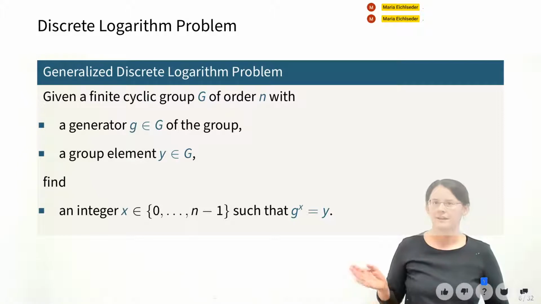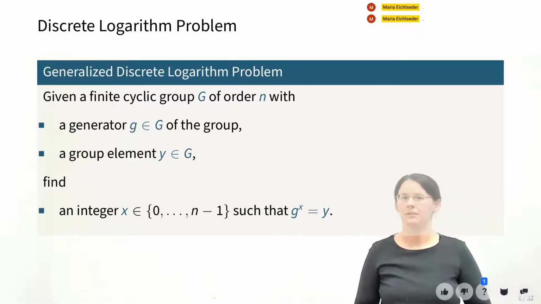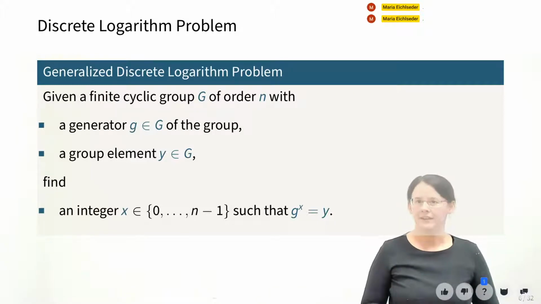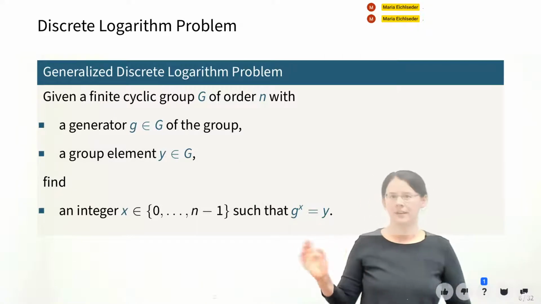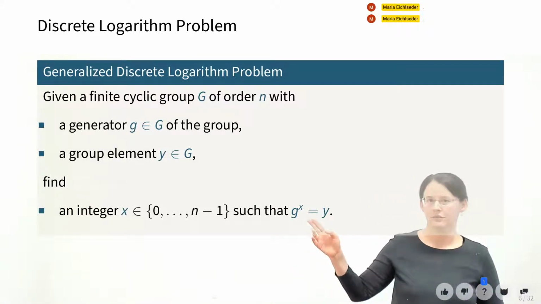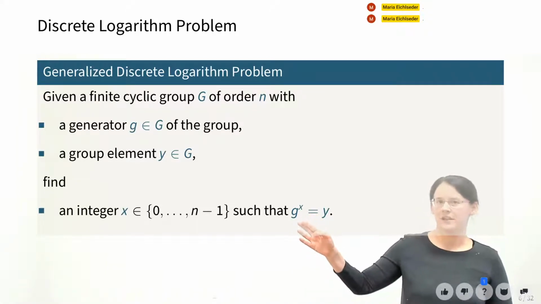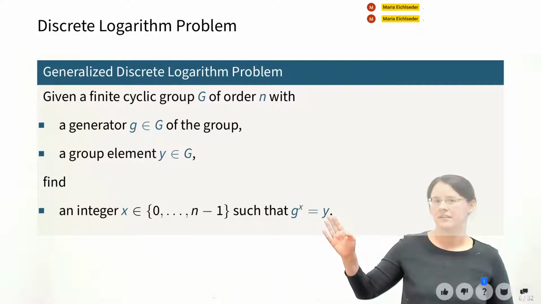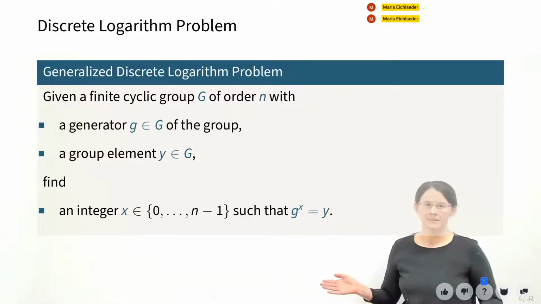If I now have some generator of this group and any other group element, then what I'm interested in is to find the discrete logarithm of this challenge element. In other words, I'm looking for an exponent, an integer x, such that when I apply the generator x times to itself, I get the target element that I'm looking for. This is the main problem.